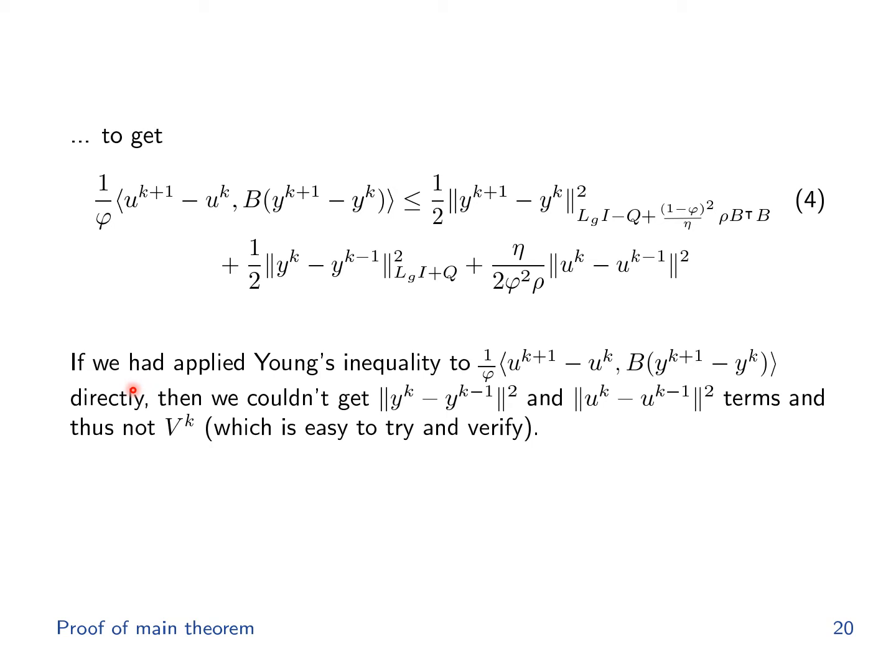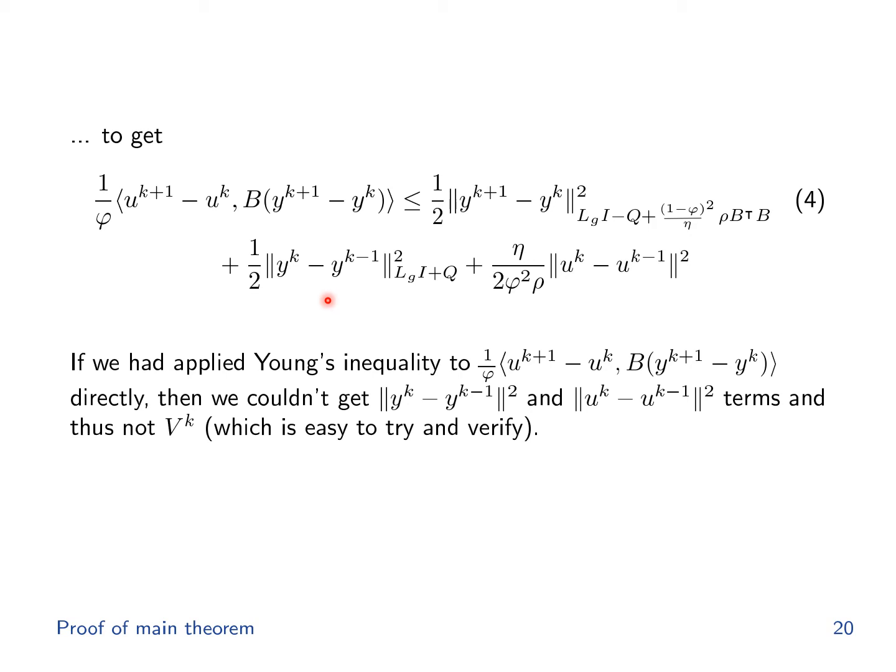So we were applying Young's inequality to the 2 new inner product terms on the last slide. You may wonder, what if we directly apply Young's inequality to this left-hand side term rather than taking 2 slides to take these steps to get this bound? Well, if you do that, then we will not be able to obtain terms of yk minus 1 and this term.